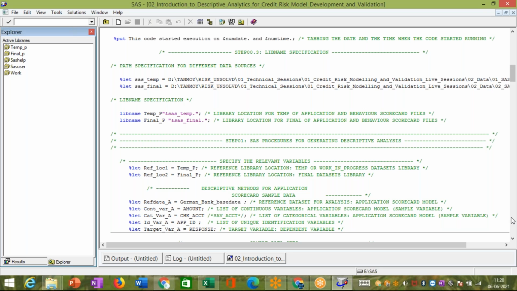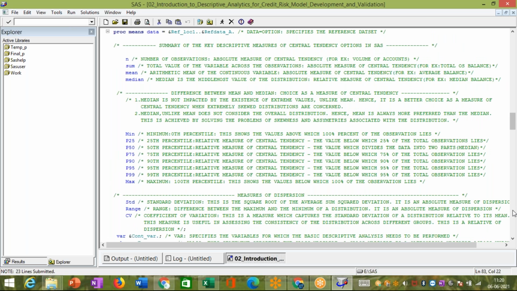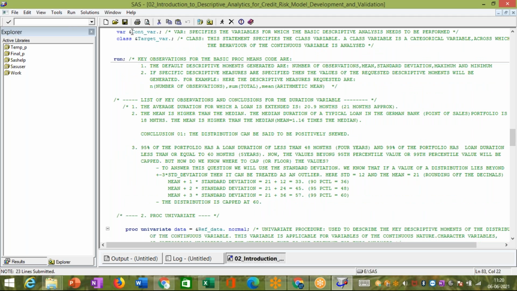So the German bank based data in the temp p library is my reference data set. The continuous variable a over here is amount, and the target variable a is the response variable. Then run.